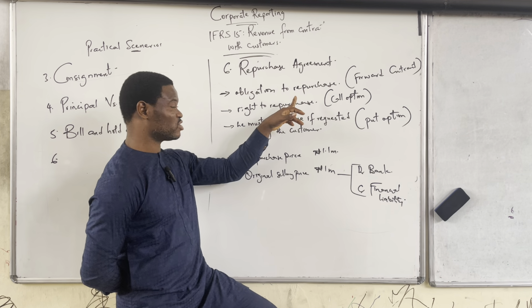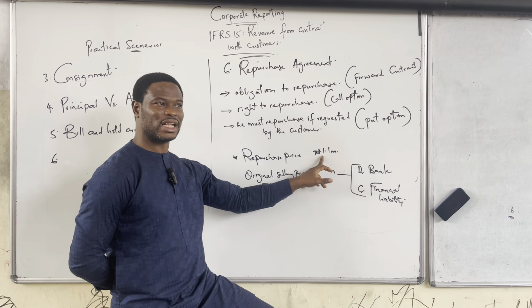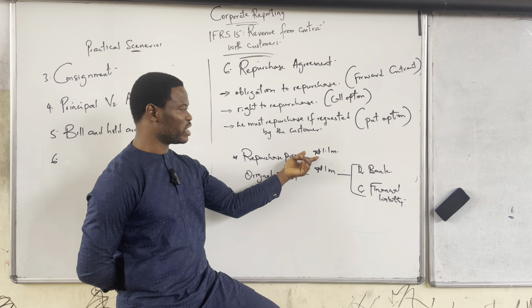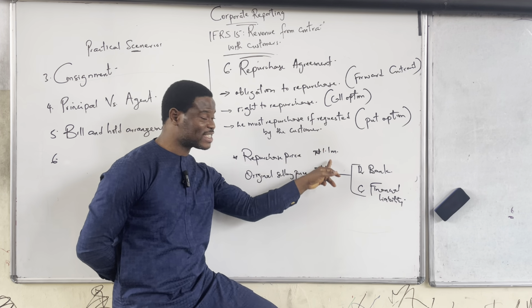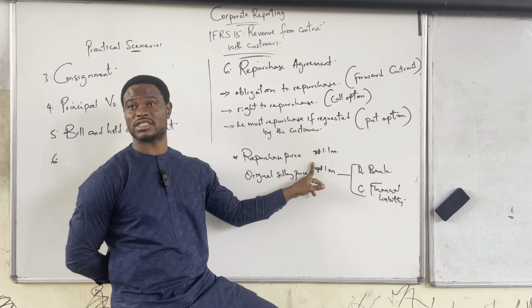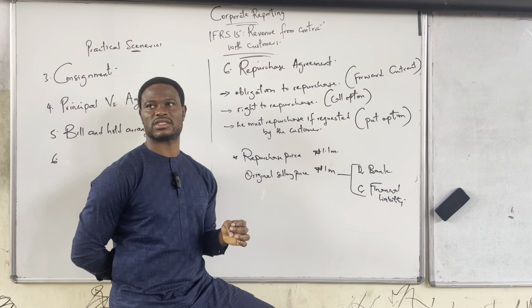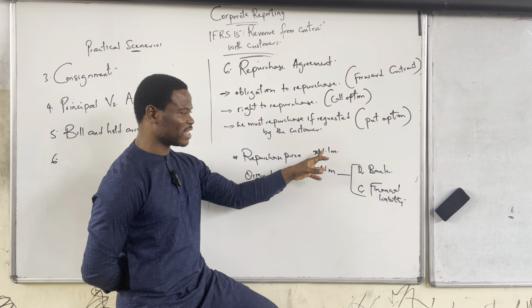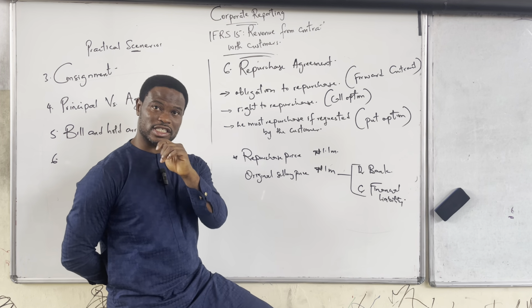You say you have a right to repurchase or an obligation to repurchase for 1.1. That is a loan. For you to want to pay higher is a loan. And in fact, that excess of 100,000, do you know what it represents? Exactly. Interest. That's what that excess represents.